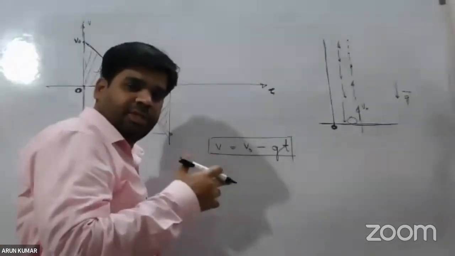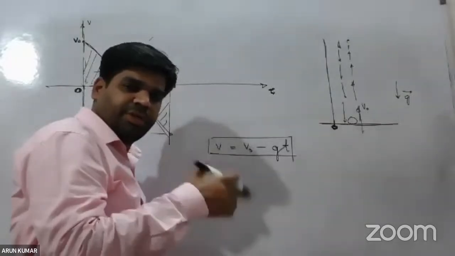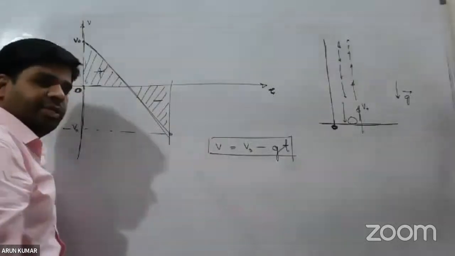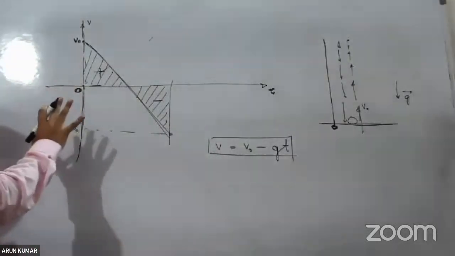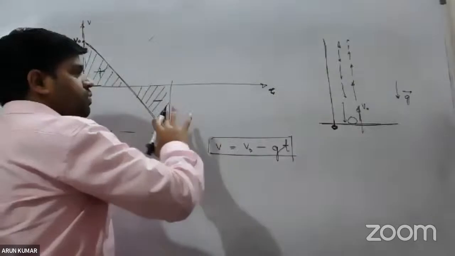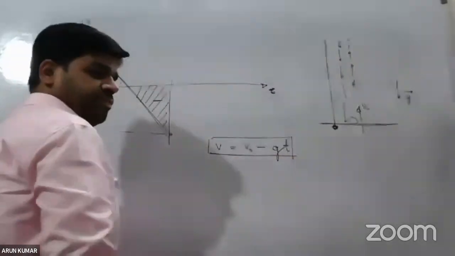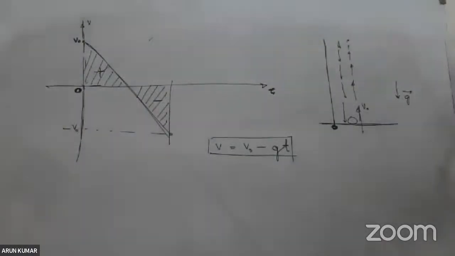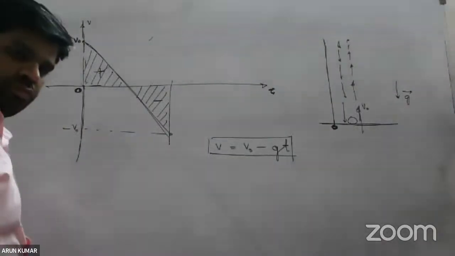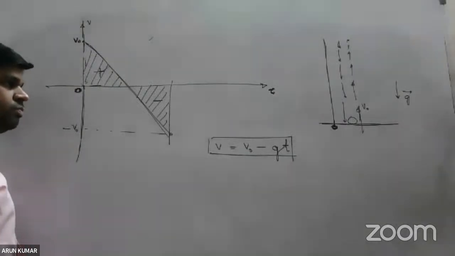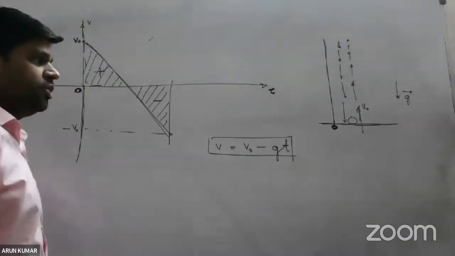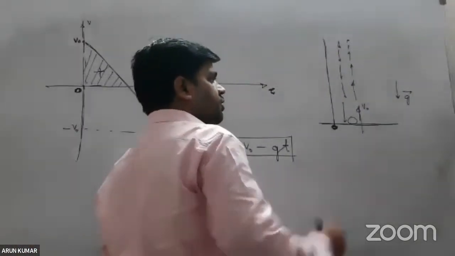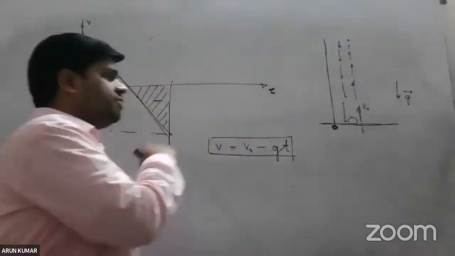That means you can have a periodic interval of some time T, so my graph will also be periodic, not just this, but continuing till infinity. Is it clear? This motion is periodic. It is going up and down forever, so my graph will also be periodic.